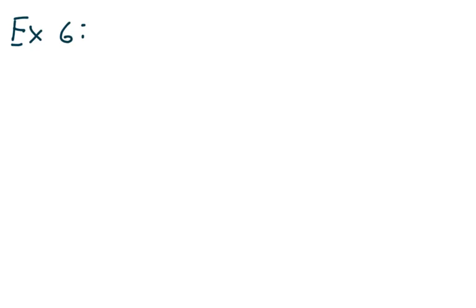Suppose I give you the following. Well, suppose I had the limit as x goes to 0 of arc sine x divided by x. Now, here, I'll write that over here.